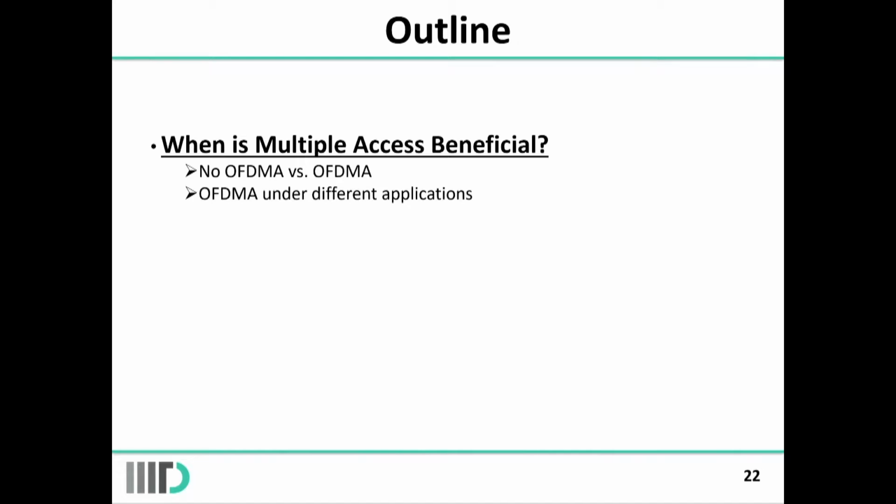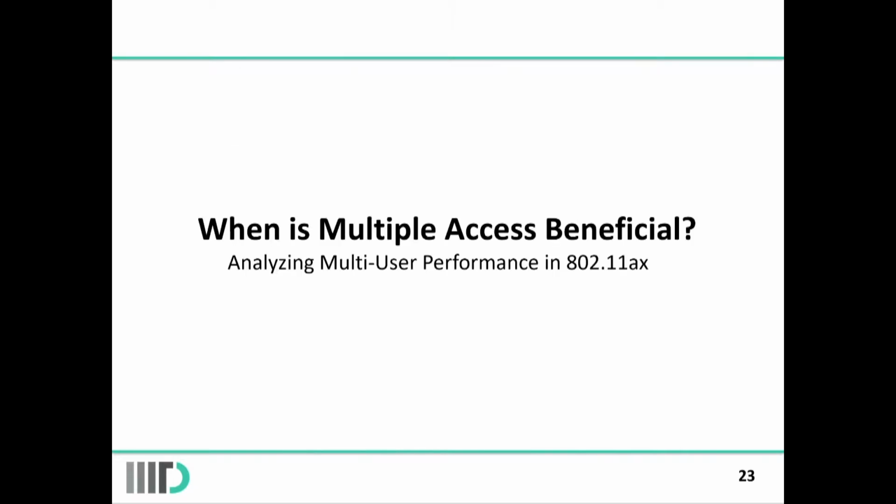First I am going to discuss results about no OFDMA versus OFDMA. When I say no OFDMA, it's 11ax but single user, not OFDMA. And then OFDMA under different applications. The question we ask is: when is multiple access beneficial?